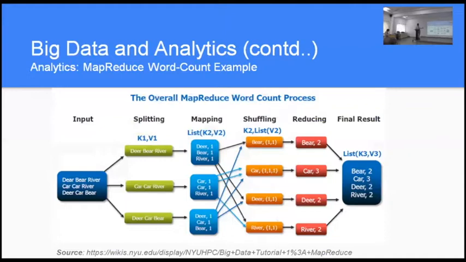And then essentially you do a reduce and you come up with a list. So you can think of this as being petabytes of data, and you get one small result. Or you can think of this as huge number of web pages that Google is indexing, or any search engine is indexing. And ultimately, when you do your search on something like Google, it has to go and search all these pages.